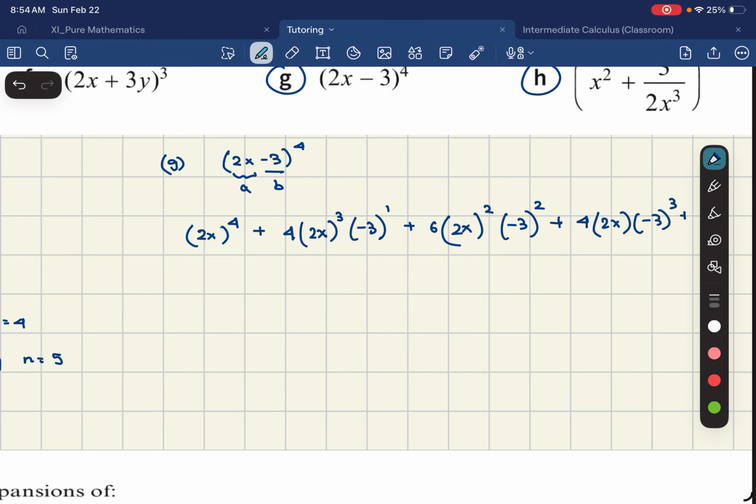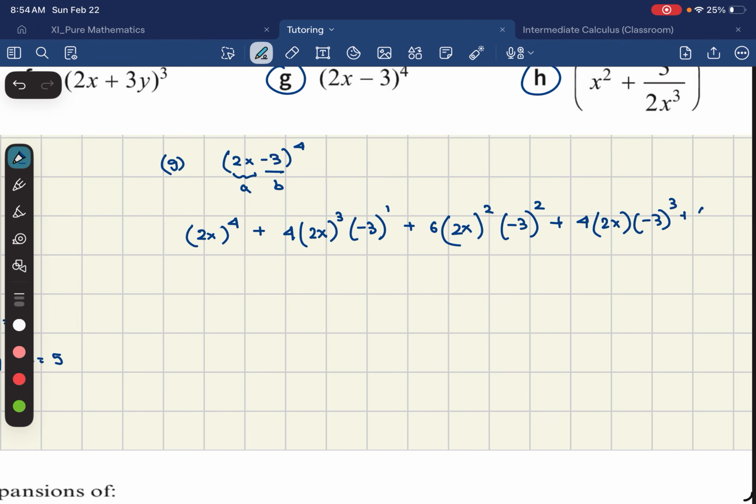And finally your coefficient is 1: 2x to the power 0 is 1, so you have minus 3 to the power 4. Notice we start from 2x to the power 4, and the power of 2x gradually decreases to 0. k goes from 4 to 0, and for minus 3, k goes from 0 to 4.